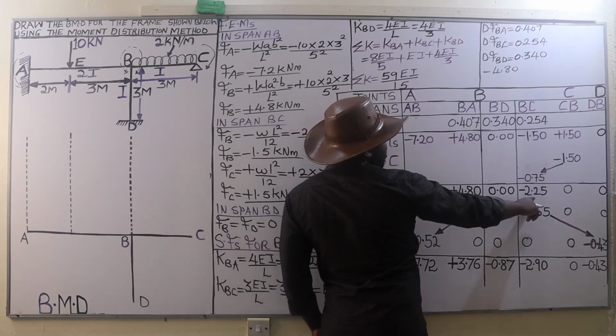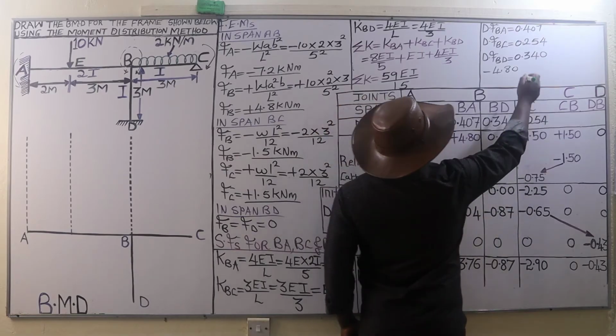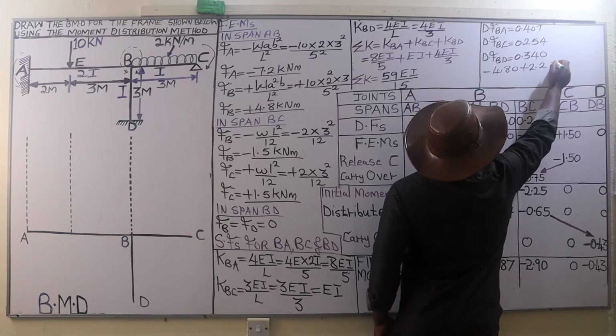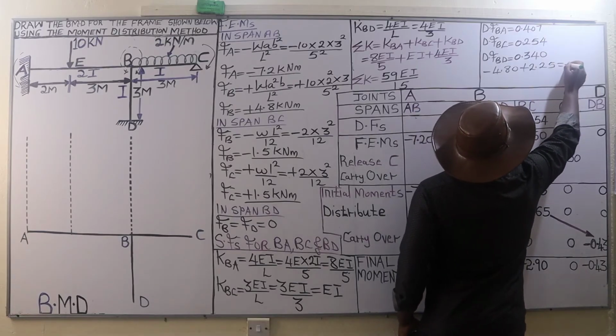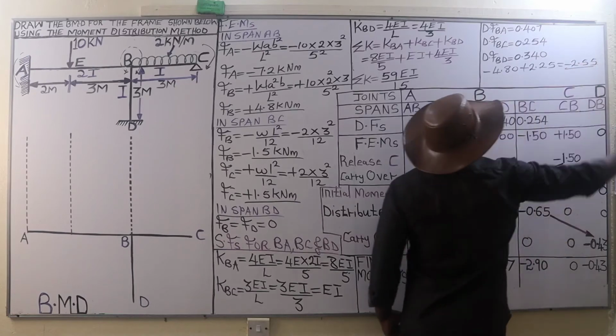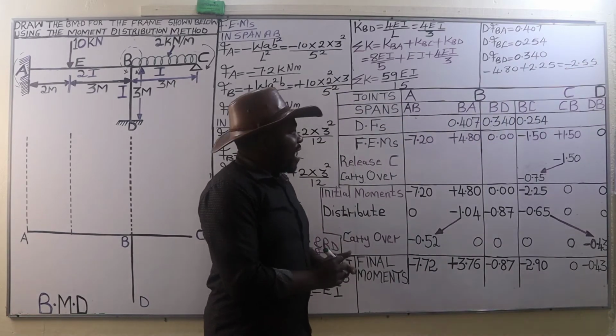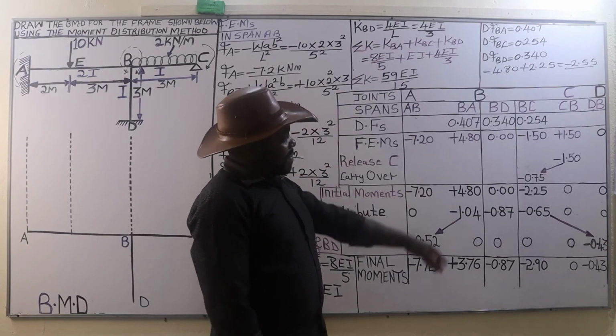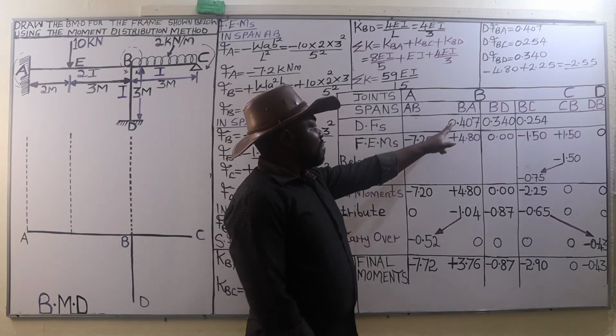Then this 2.25, which is negative, is now going to be plus 2.25. And that is going to give us negative 2.55. So that is the excess moment at joint B, and that's what we are going to distribute on each member using the distribution factors.